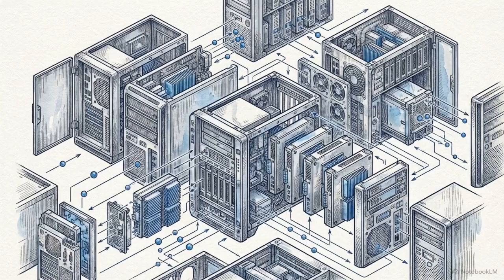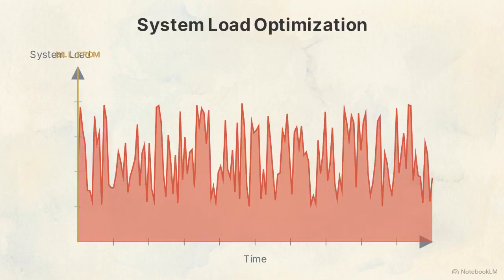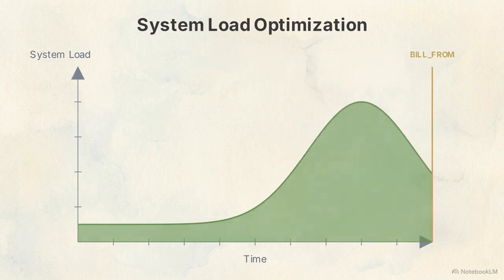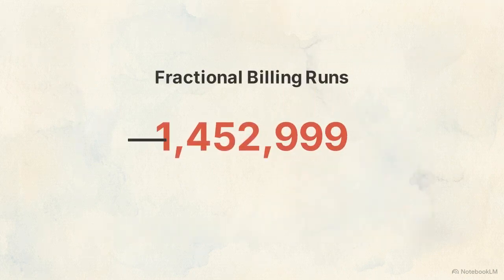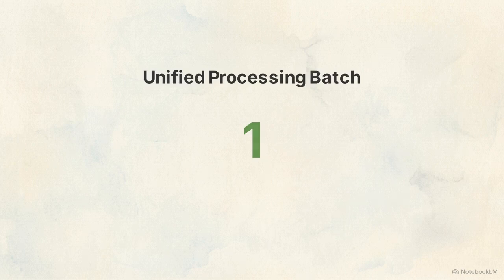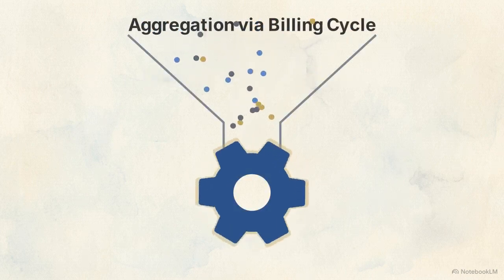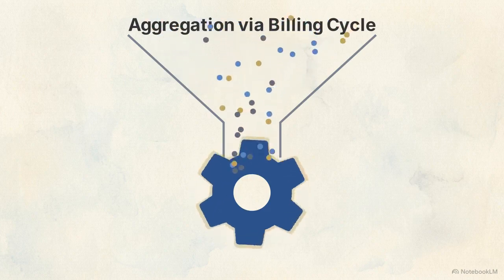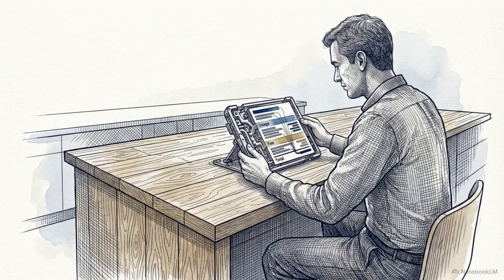This creates a massive back-end IT benefit. Aggregating high-volume data streams into unified processing dates drastically optimizes database load, eliminating the computational strain of unnecessary fractional billing runs. Mastering the billing cycle ensures SAP Convergent Invoicing fulfills its primary mandate, taking millions of disparate consumption events and resolving them into a single, accurate, and predictable financial experience for the customer.